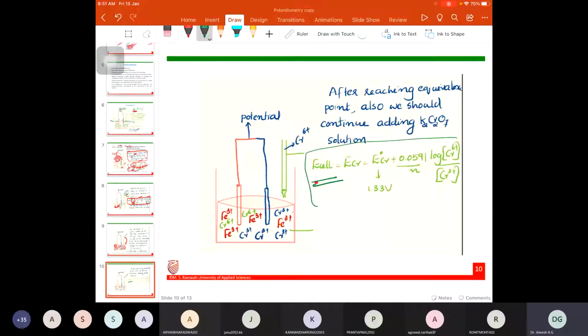So can I write another equation for the cell potential? E Cr, now the potential is due to chromium. That we can write as E0 Cr plus 0.0591 by n log of Cr6+ by Cr3+.